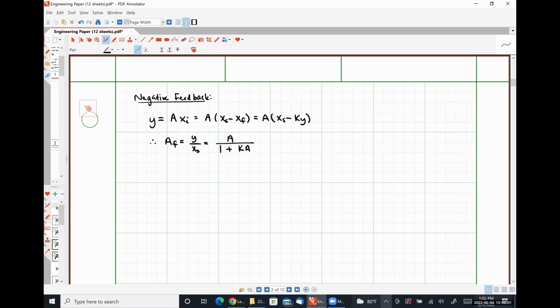Means we're always making the system gain smaller than the open loop gain. All right. Now, this might be seen as a drawback. And I guess in some instances it technically is, but there are so many positive attributes associated with negative feedback.